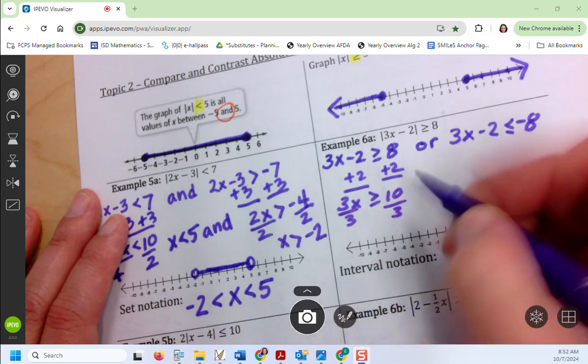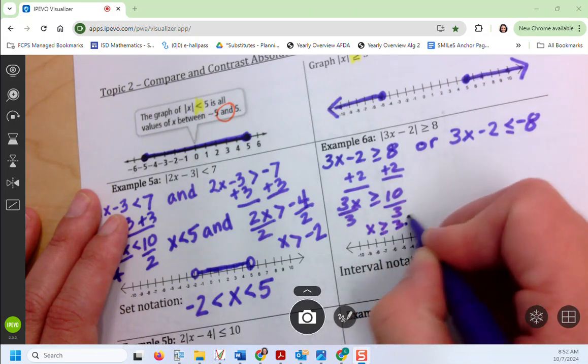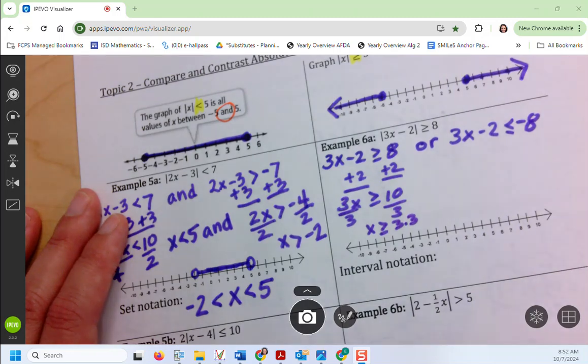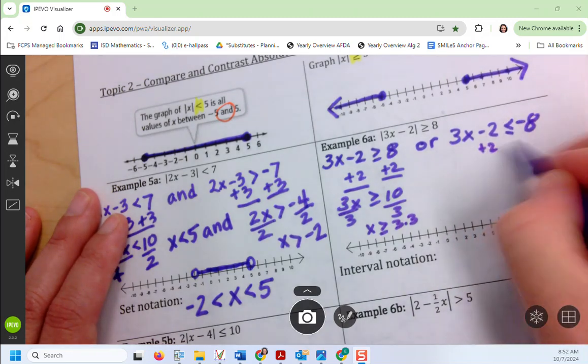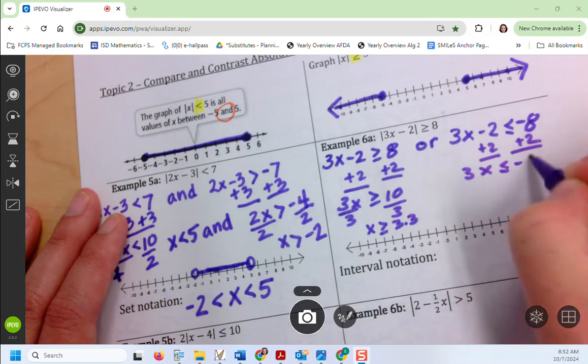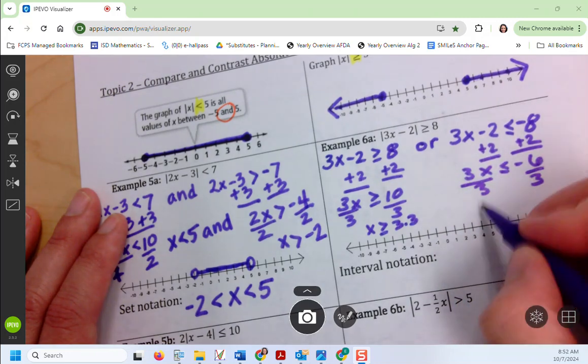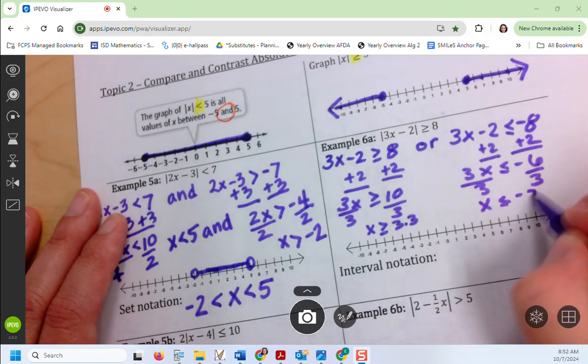And we're going to have to estimate, we have x greater than or equal to 3.3. Did you guys get that? Yeah. Okay, then add the 2 here. 3x is less than or equal to -6. Divide by 3 and get x is less than or equal to -2.